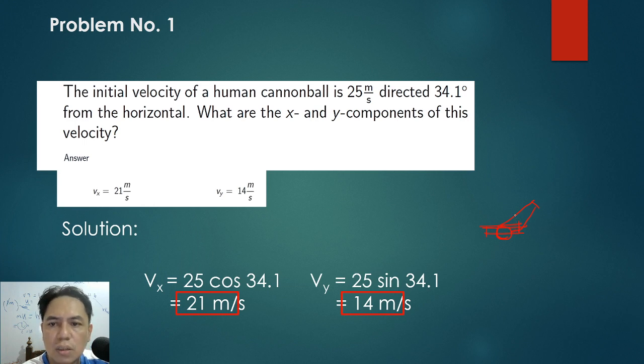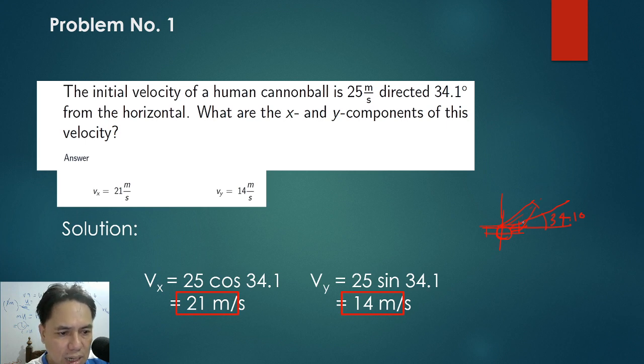So the human cannonball has 25 meters per second directed 34.1 degrees from the horizontal. This is the horizontal, this is the vertical, then 34.1 degrees from the horizontal. What are the x and y components of this velocity?